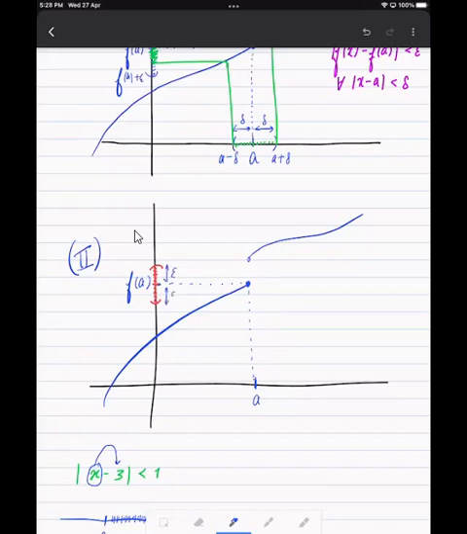Because no matter how small you take, this will go beyond the neighborhood. So for one epsilon, if you're finding a delta, it doesn't imply that for every epsilon you'll be able to find it.